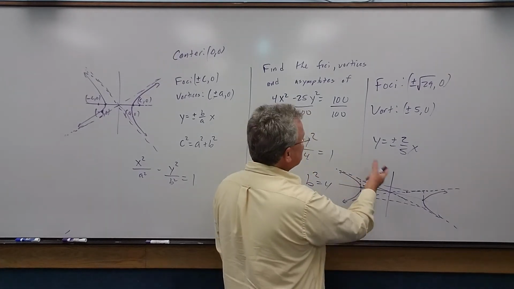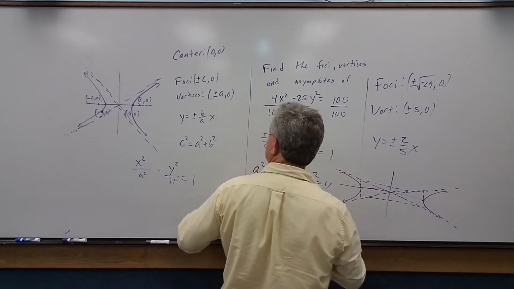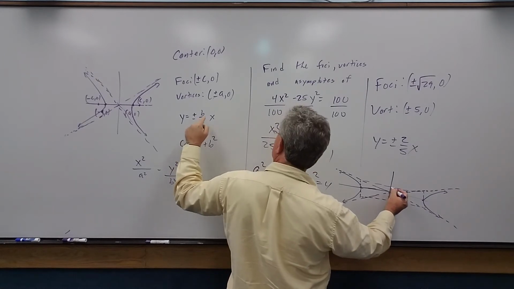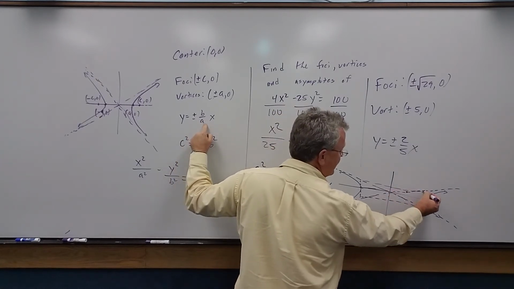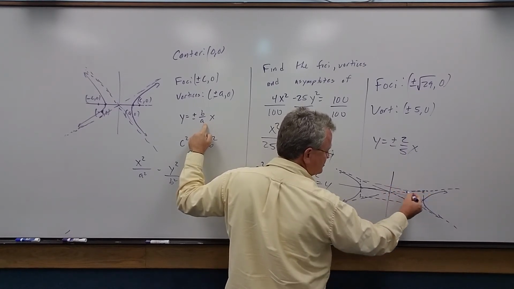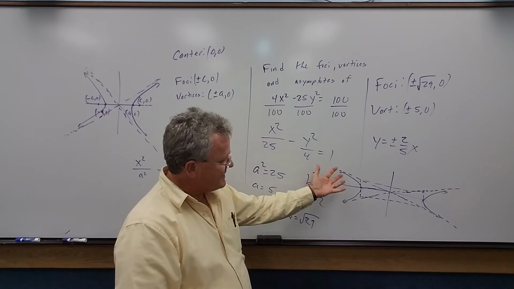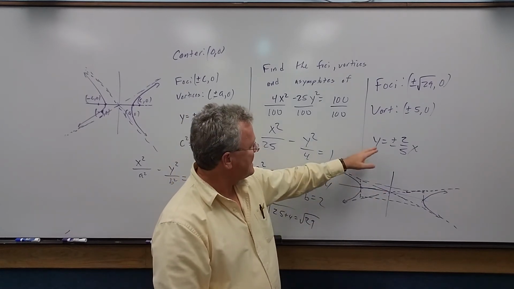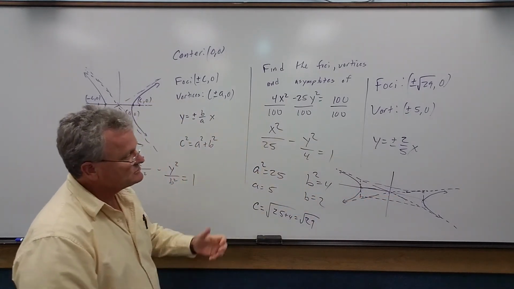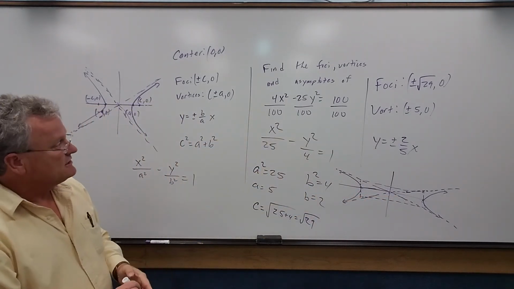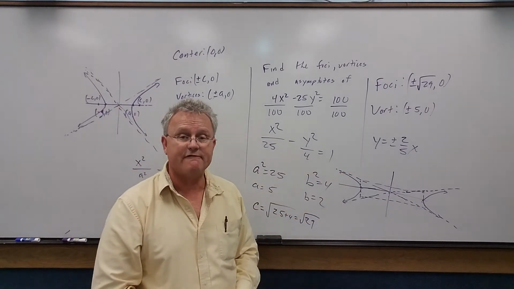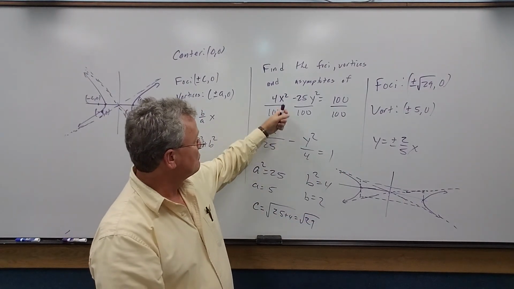So notice here, b over a: when I go up b over a, that distance is b, that distance is a. That's the slope of this line. So that relates how b and a in this equation come into those asymptotes. But that's the result of working this whole problem, including the graph of our original equation.